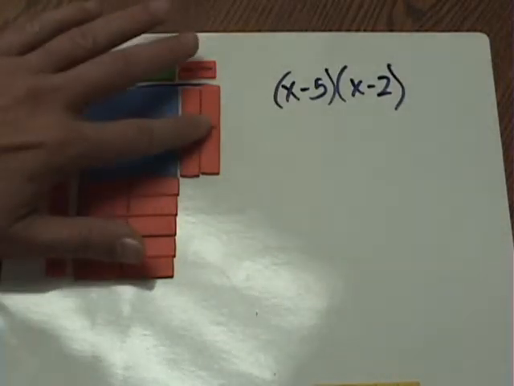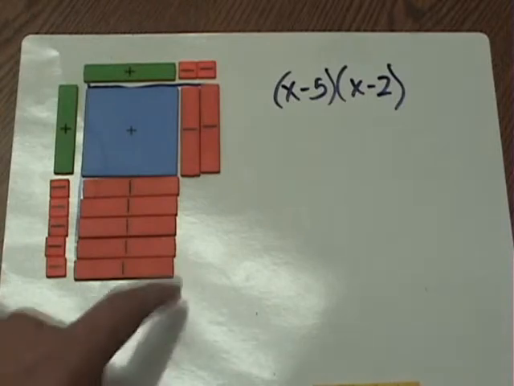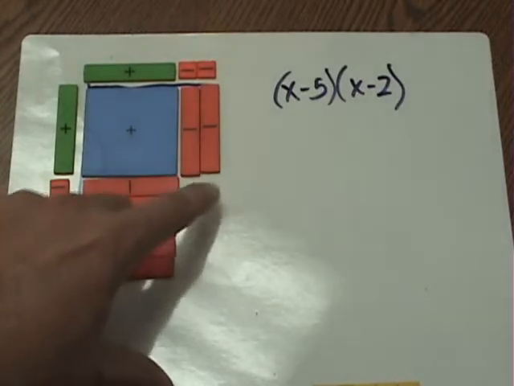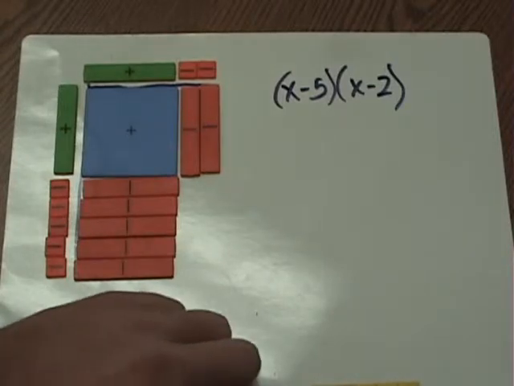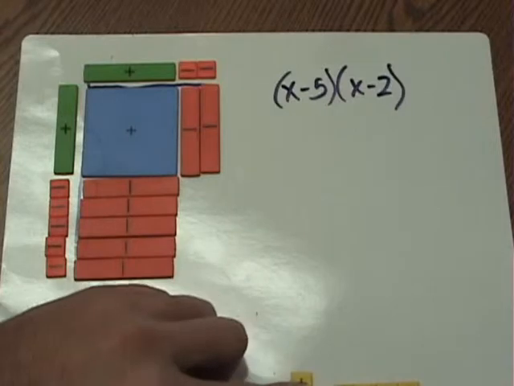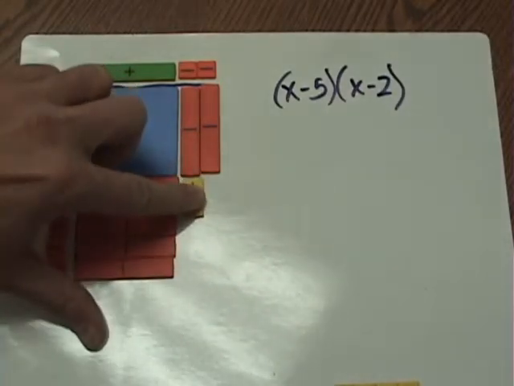Now I have all of these spaces that are 1 unit long by 1 unit long, so I can't use any x's anymore. These are where the actual units are going to go, so I can start putting in some of these.